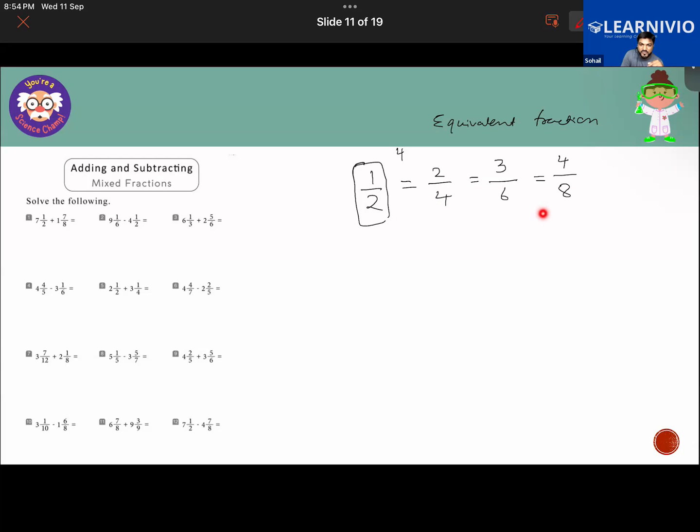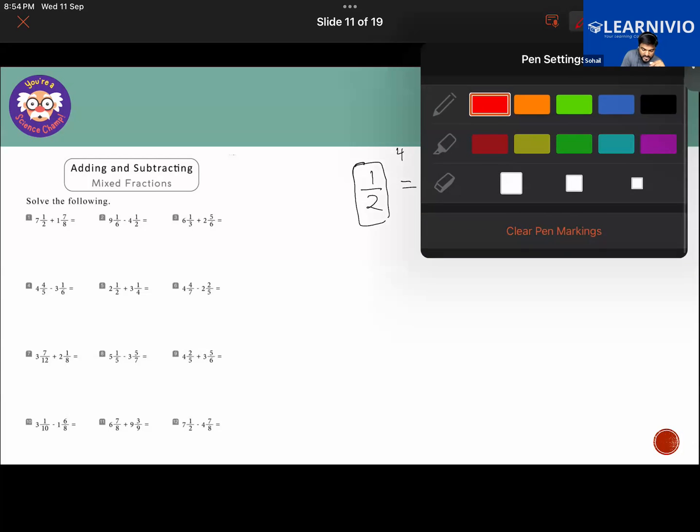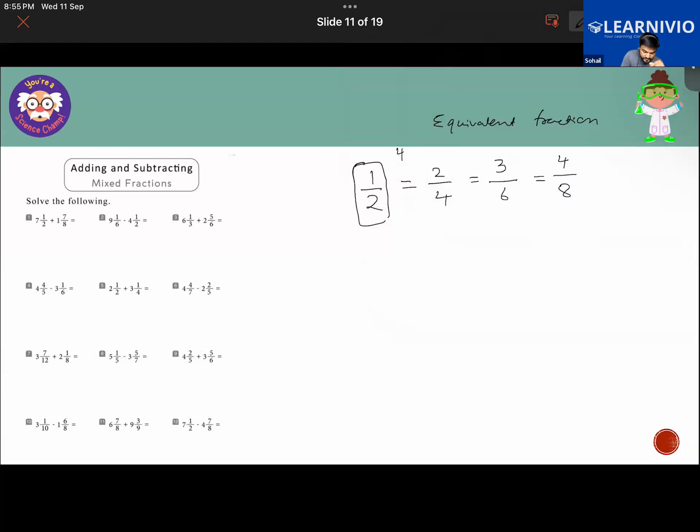Why are they called equivalent fractions? Because I can simply cancel them out like this. 2 twos are 4, 3 twos are 6, 4 twos are 8. Am I not getting the same fraction back? 1 upon 2, 1 upon 2, 1 upon 2. Yes.